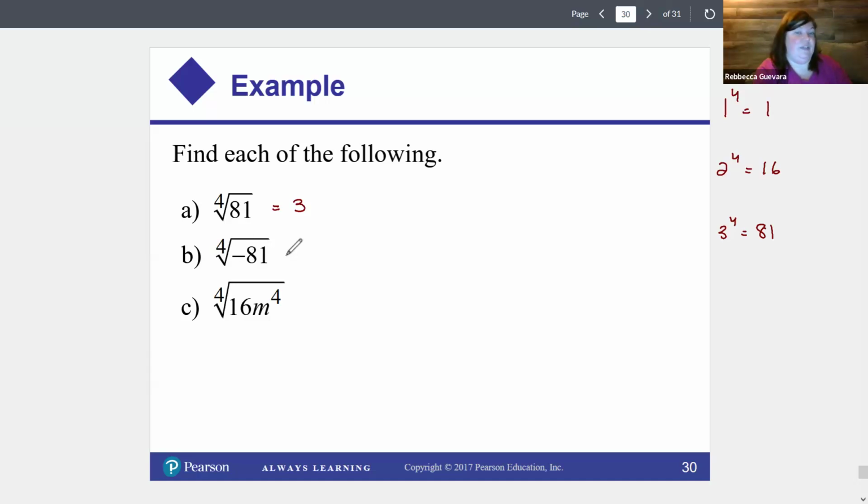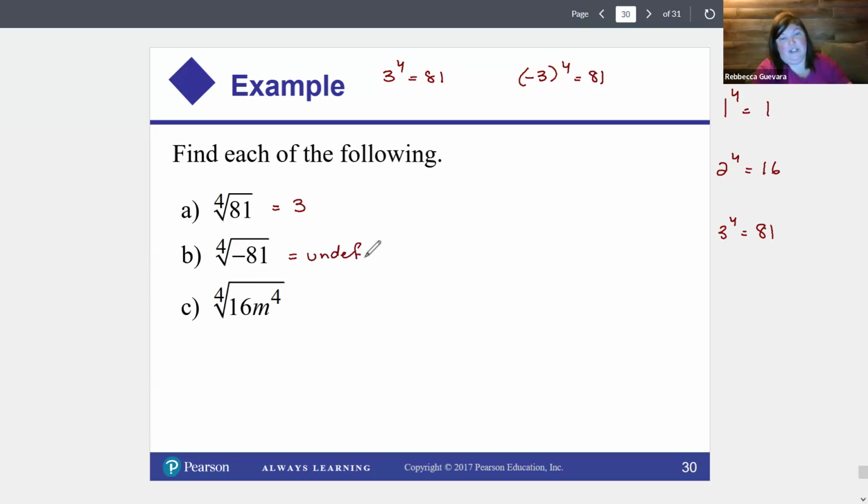Now, the 4th root of negative 81, so we know that 3 to the power 4 is 81. Well, what about negative 3 to the power 4? Well, that's positive 81. So just like with square roots, I can't do the square root of a negative number. I can't do the root of any number if my root is even.